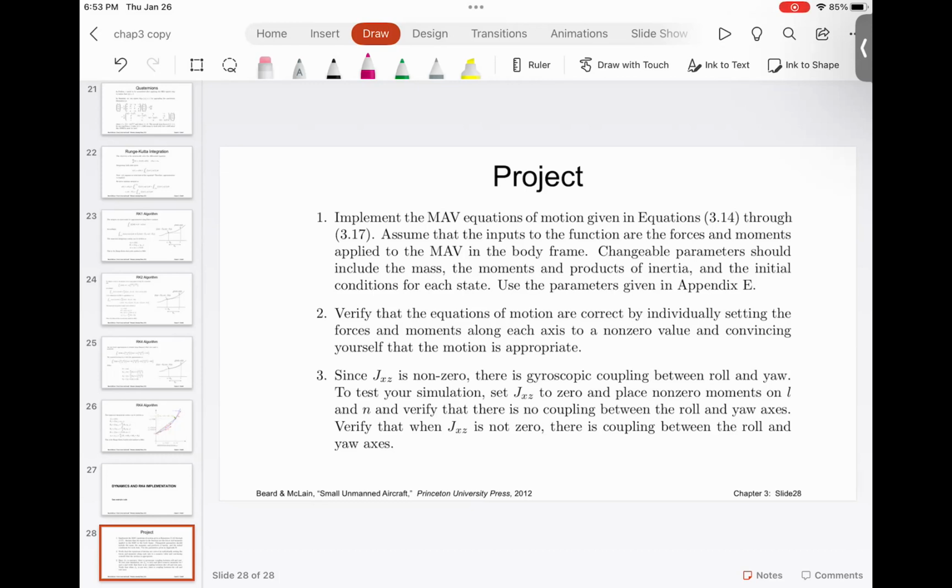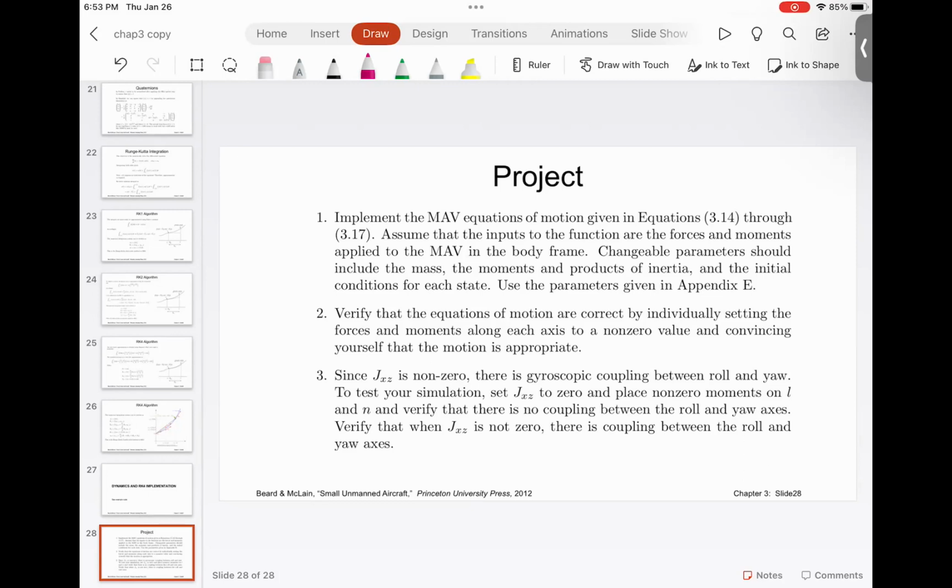So basically, for this aircraft, there is no rudder. In the next class, we'll talk about the different aircraft configurations. Some aircraft have rudders, some do not; some have ailerons, some do not; some have elevators, some do not.